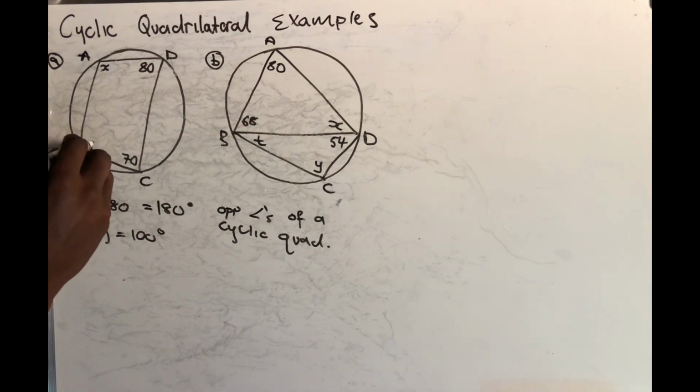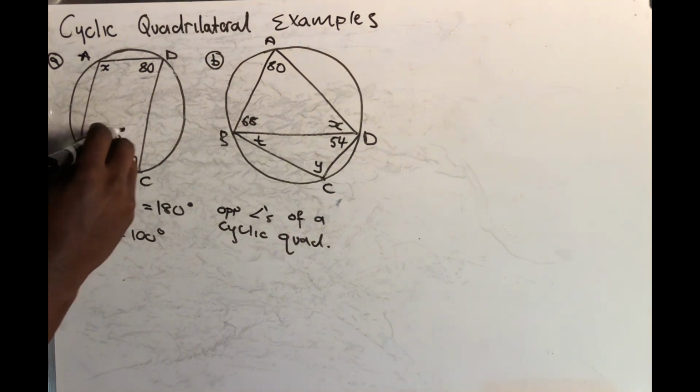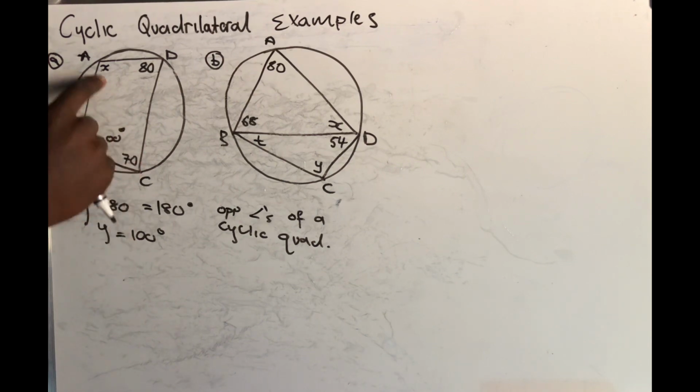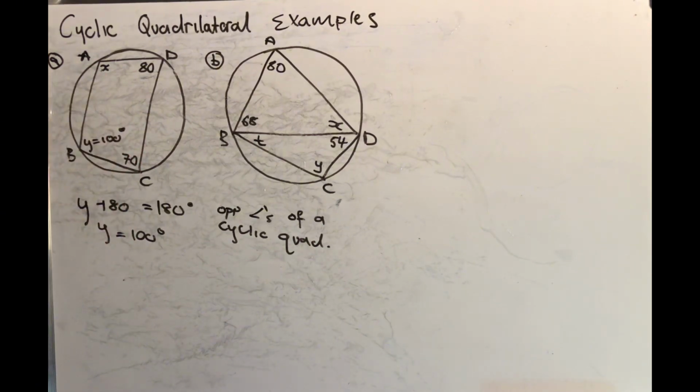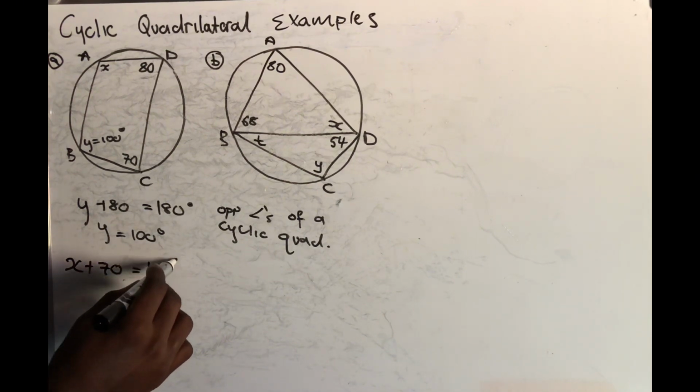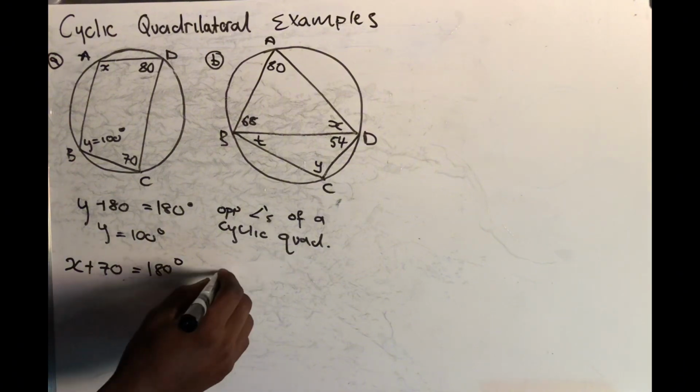And then let's move to x. This one, we know that it's equal to 100 degrees. And we want the value of x now. If we say x plus 70, you see these are the opposite angles of the cyclic quad, that should give us 180 degrees. What's the reason?